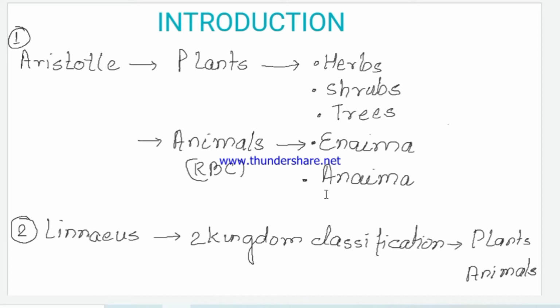He proposed the two-kingdom classification, in which he classified organisms into plants and animals. But as you know, this classification was very crude, from a very primitive time, and there were many conflicts among the characteristics of the organisms to be classified into a single group.